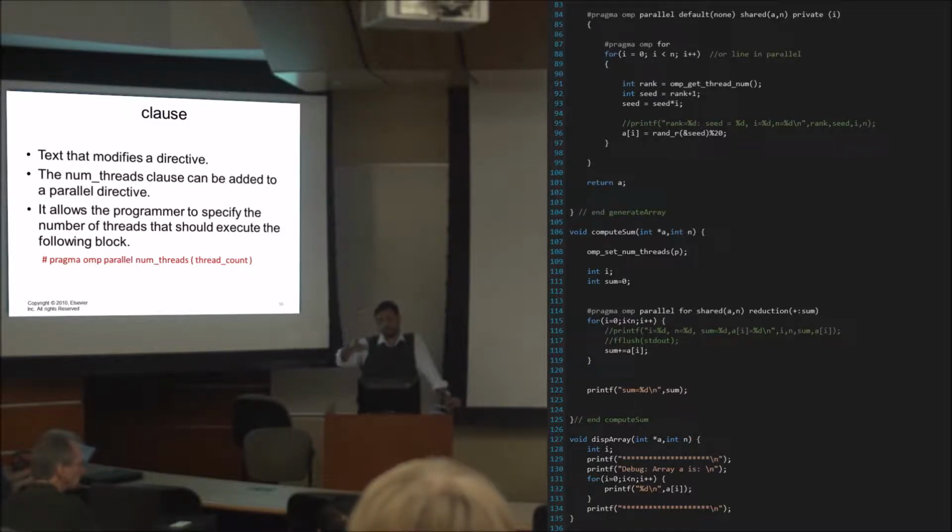I'm starting a new parallel section of my code, and the number of threads I want to assign to execute this parallel block or parallel region is whatever I specify in the thread count variable.